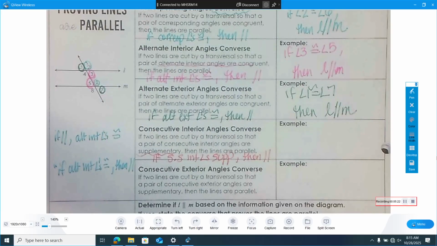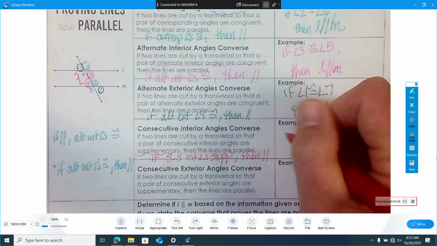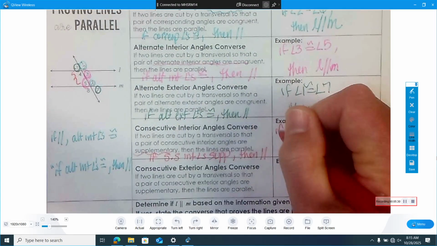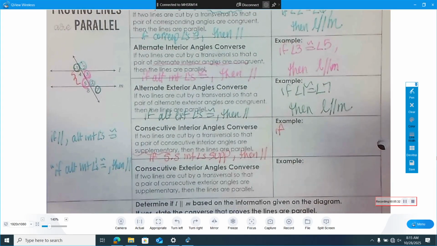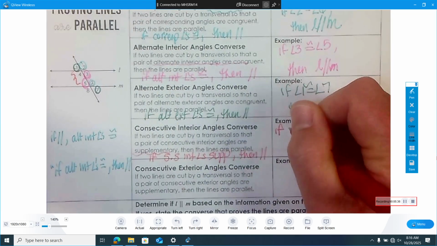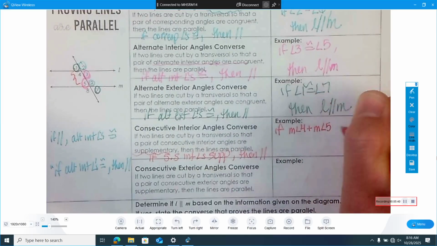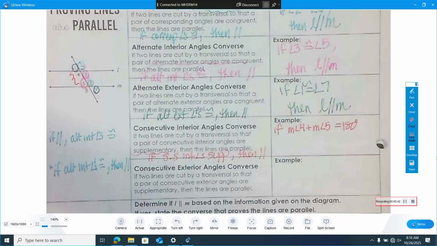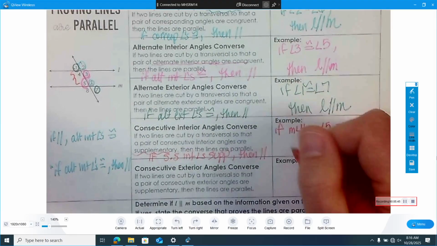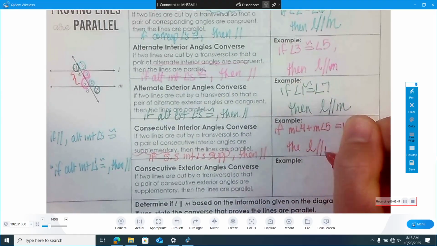Give me some same side interior angles. 4 and 5. So here we have 4 and 5. So how do we write that? What does it mean to be supplementary? If they sum to 180. So if the measure of angle 4 plus the measure of angle 5 equals 180 degrees, then L must be parallel to M.